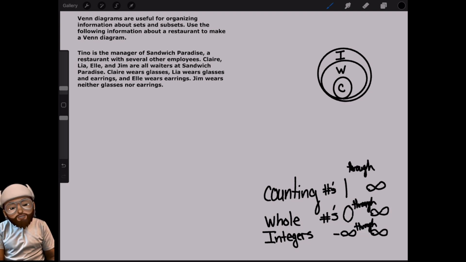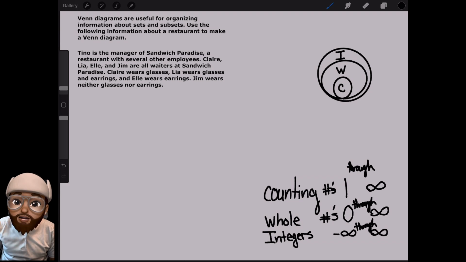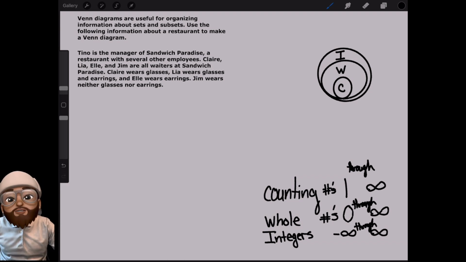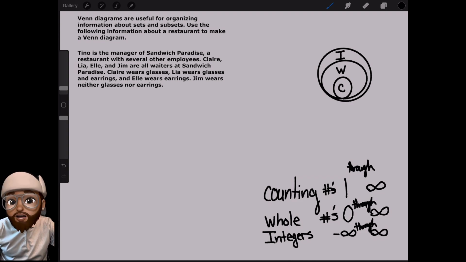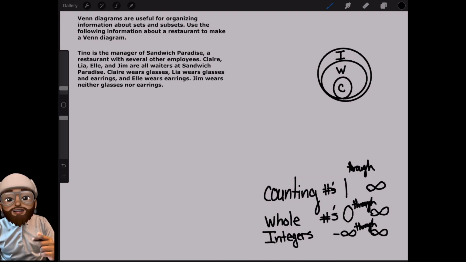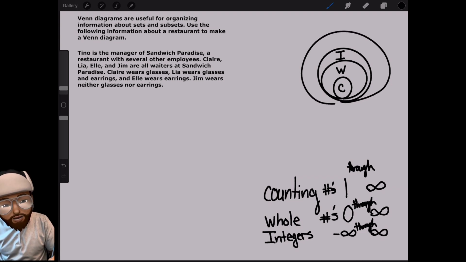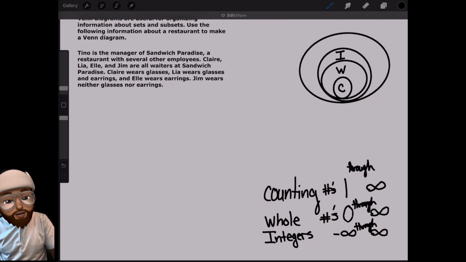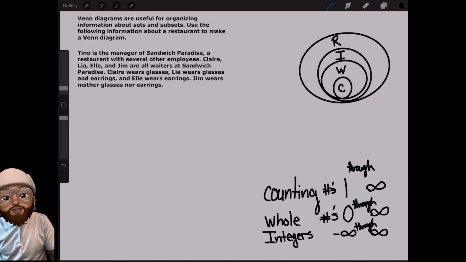Okay, so this first one is 1 through infinity. That's counting numbers. Whole numbers are 0 through infinity. And integers are negative infinity through infinity. And please remember that these are all whole numbers, okay? We have not gotten to fractional numbers or ratios at all yet, okay? We get to fractions and rational numbers with our next circle, which is, make that circle kind of big, but this one is rational numbers.